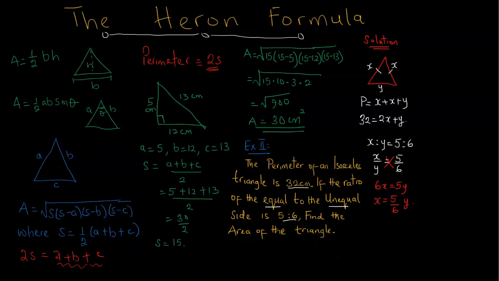Now, since x equals 5/6 y, and already I know that there is a formula connecting x and y here, I can just substitute x equals 5/6 y into this equation, and that's going to give 32 equals 2 brackets 5/6 y plus y. 2 can reduce 6 3 times, so this gives 32 equals 5y over 3 plus y.